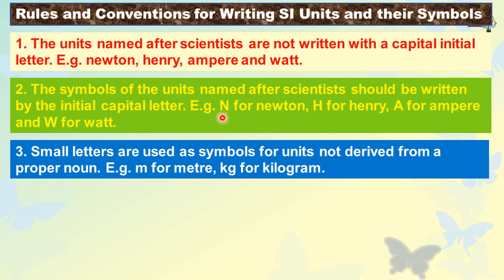Example: N for newton, H for henry, A for ampere and W for watt. Third one, small letters are used as symbols for units not derived from a proper noun. Example: m for meter, kg for kilogram.